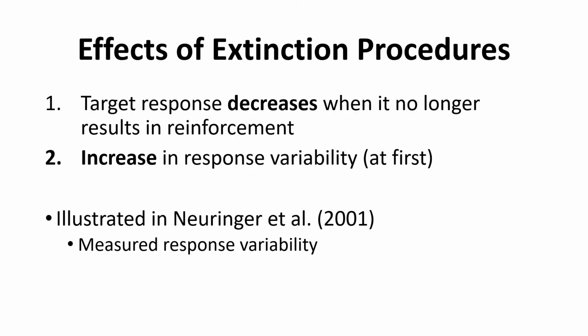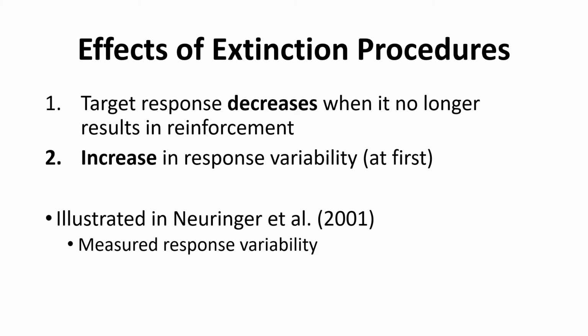So let's do an official summary of the effects of extinction procedures and apply what we just talked about in terms of our example. So there are two major things that we tend to see with extinction procedures. The first is probably the most obvious and the most well-studied of these effects, and this is that the target response decreases when it no longer results in reinforcement.